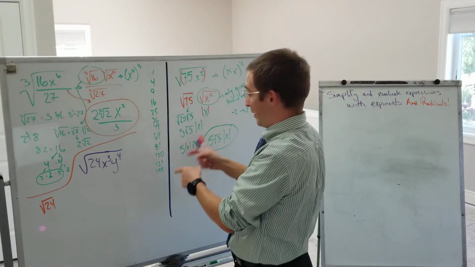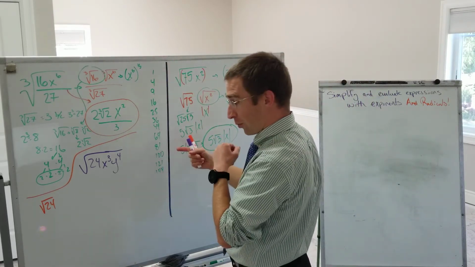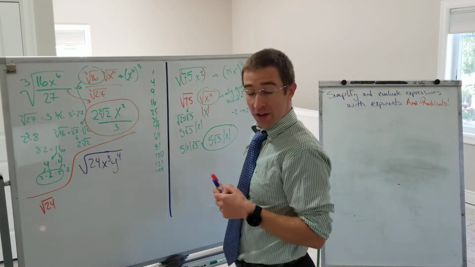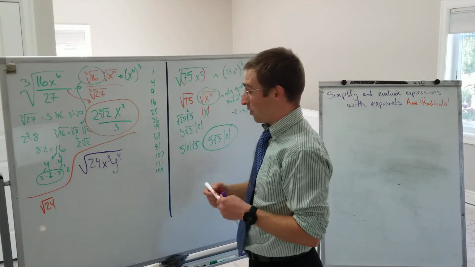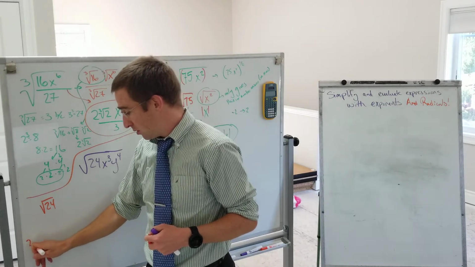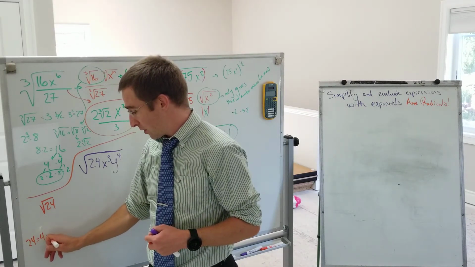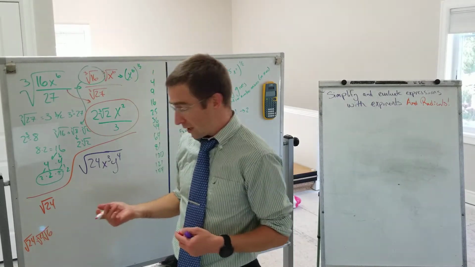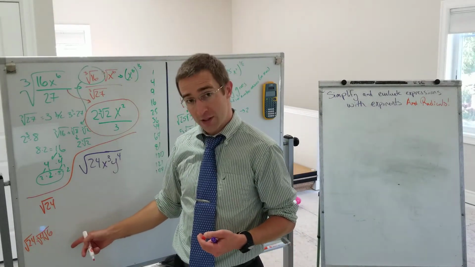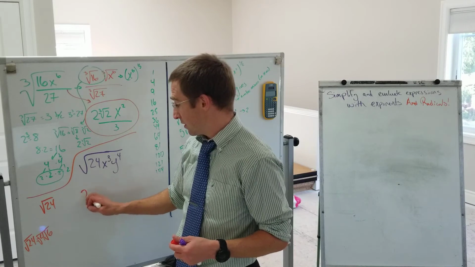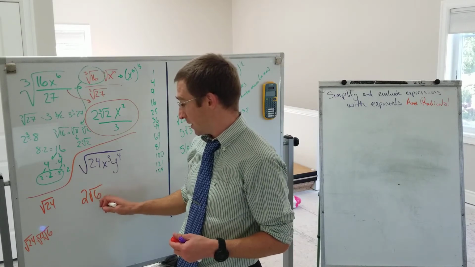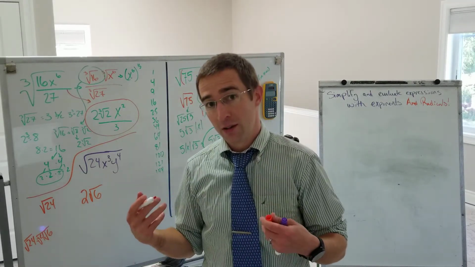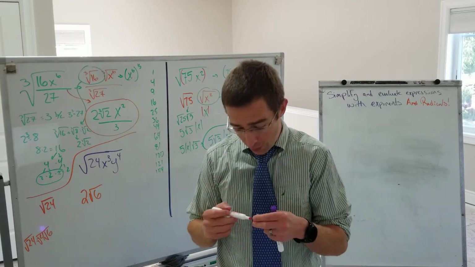Do any of these divide into 24 nicely? 4 does, right? So I can say 24 is 4 times 6. So when I square root that, it's square root of 4 times square root of 6, which is 2 square roots of 6. That's what I get when I simplify the square root of 24.